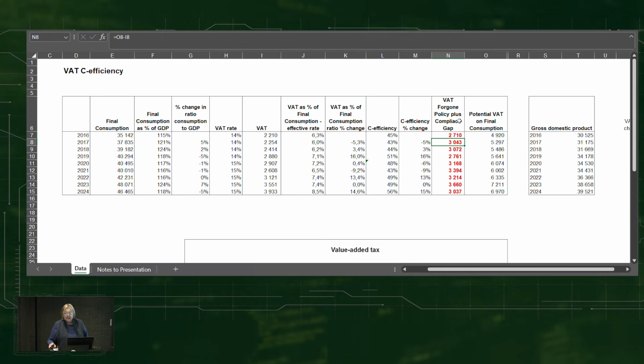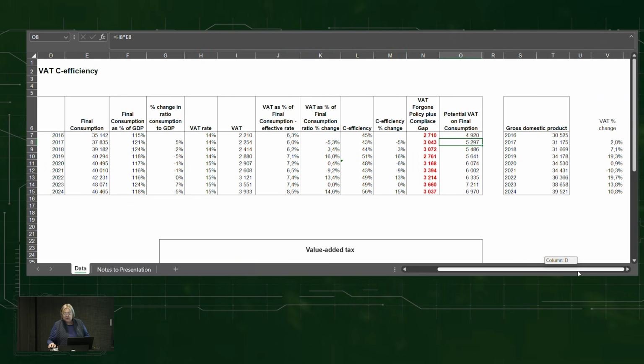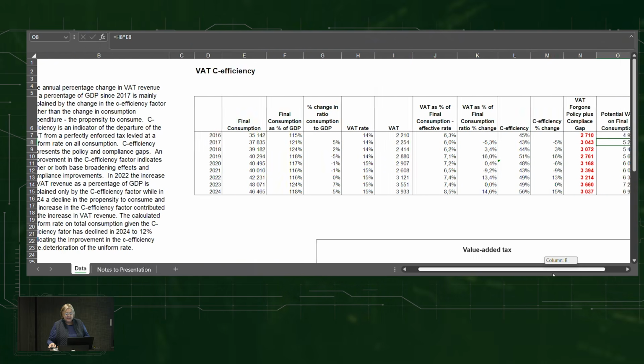Like I said, it's your foregone policy plus your compliance gap. Your potential VAT is just applying your uniform rate to your total consumption: if I had taxed my total consumption in the economy, what would my potential VAT have been? So the gross domestic product is what we've used, and the VAT percentage change.